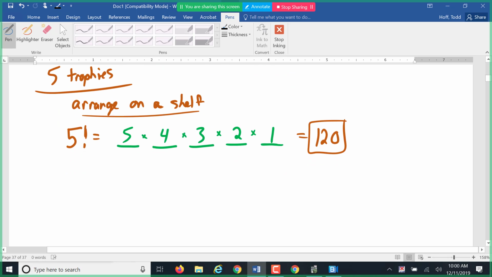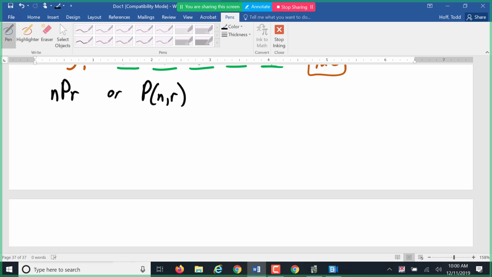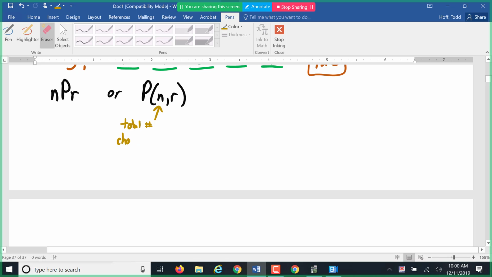So the notation we're looking for here is permutation. It's sometimes written as nPr, or sometimes written as P as a function of n and r. They both mean the same thing. n is the total number of choices to choose from.